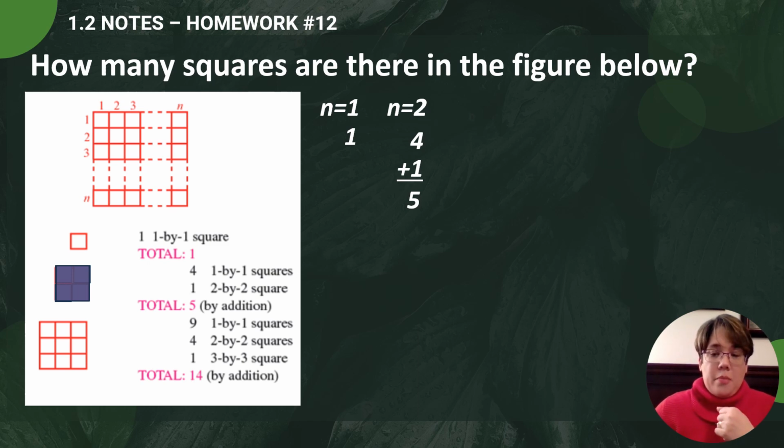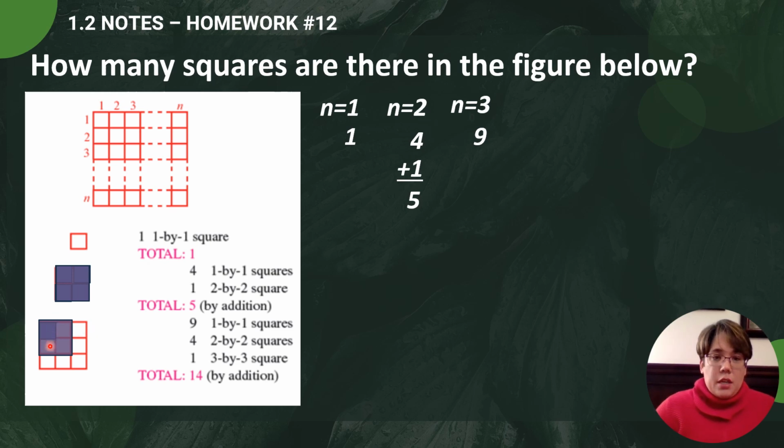Okay, everybody good? All right, now what if you have n equals 3? If n equals 3, you're going to have this little diagram here. How many of those little ones are you going to have? You're going to have 9 of them, right? So that's 9. Then how many of these 2 by 2s?